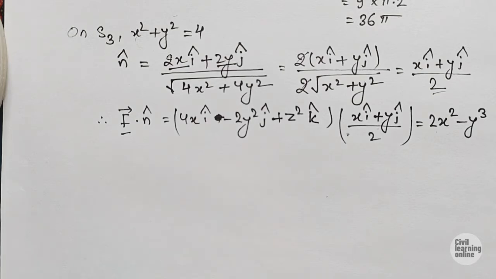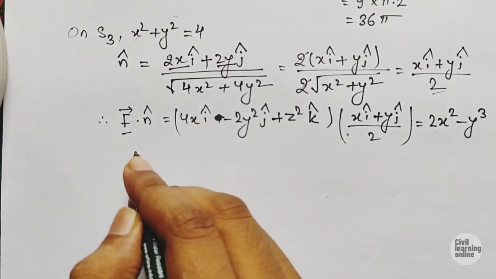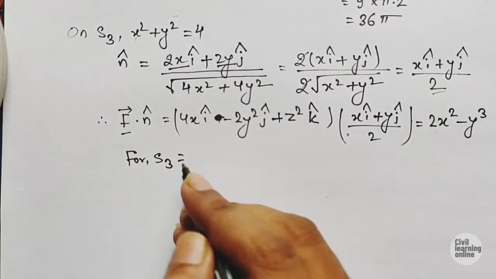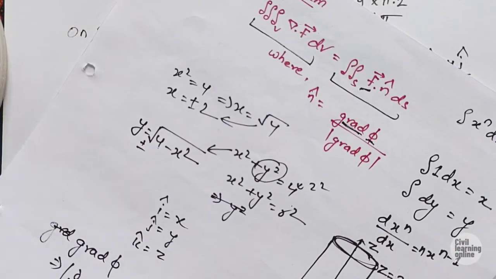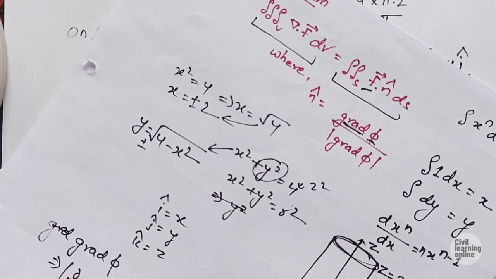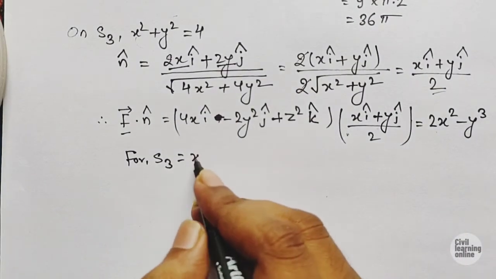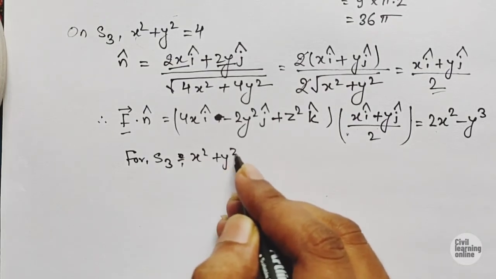Now we can write here for S3, meaning surface 3. See here guys, surface 3 is our circumference, so we are calculating the value of x and y on this circumference, and for that we have S3. For S3, the equation is x squared plus y squared equals 4.